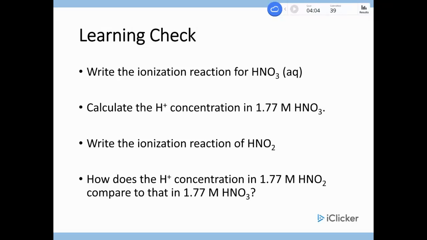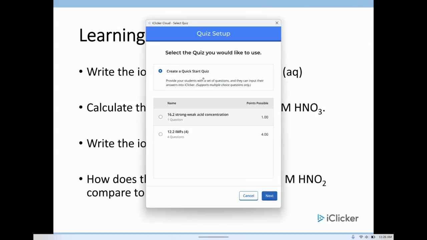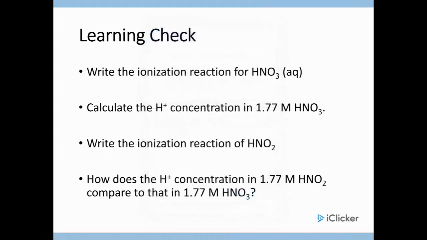We have equal concentrations of the acids. So just this last question is the iClicker, but work on the whole page. When you get to the end, you can submit your answer for that.